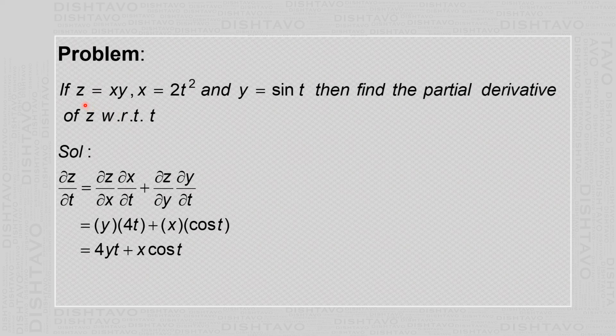When you differentiate z with respect to y, what you get is x, because the derivative of y with respect to y is 1, and ∂y/∂t, where y is sin t, the derivative with respect to t of sin t is cos t. So that results in 4yt plus x cos t.